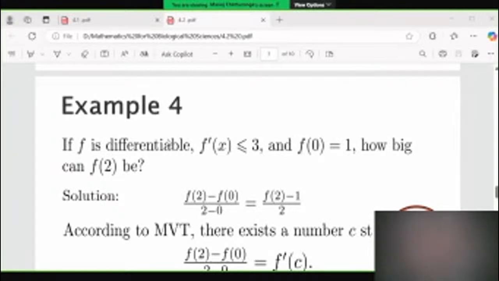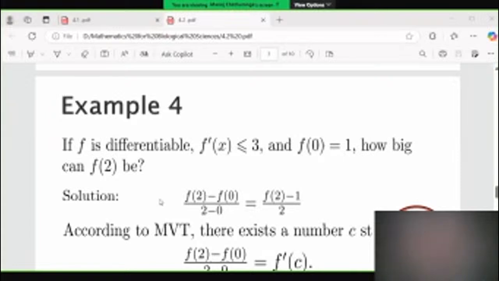Let's say the function is differentiable. That means the derivative exists everywhere, and the derivative is always bounded above by 3. That means it is at most 3, or it cannot exceed 3. And let's say f of 0 is 1.